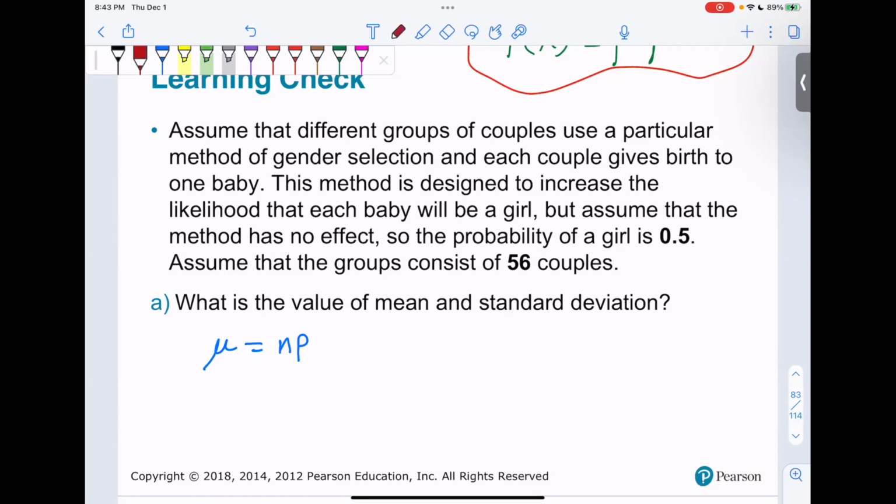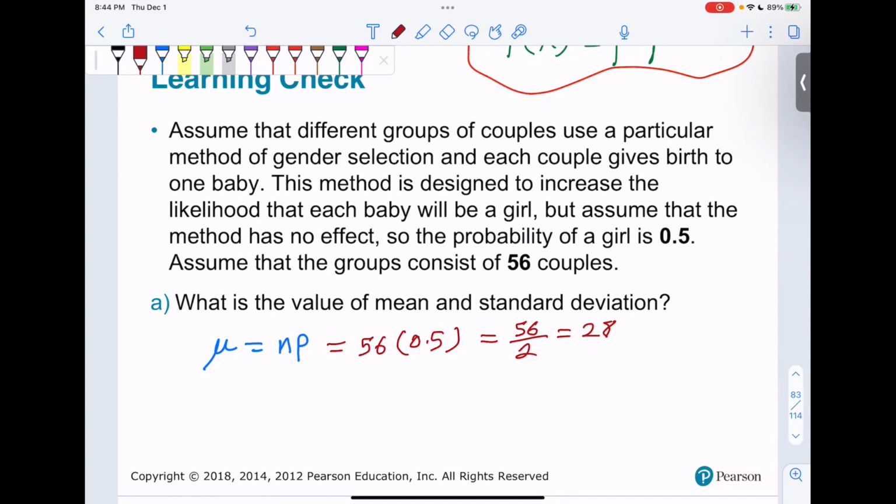So n equal to 56, times 0.5, which is equal to 56 divided by 2. This will be 28. So now this is the first one, 28 girls, right?